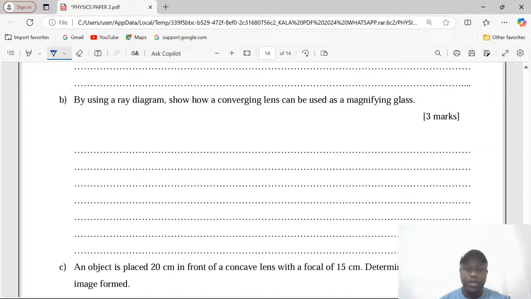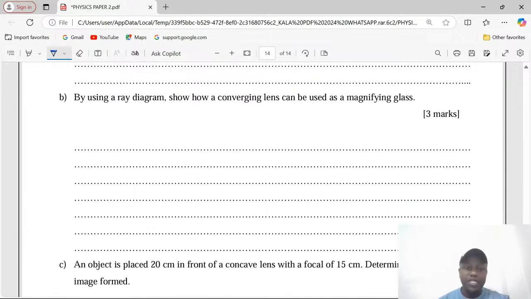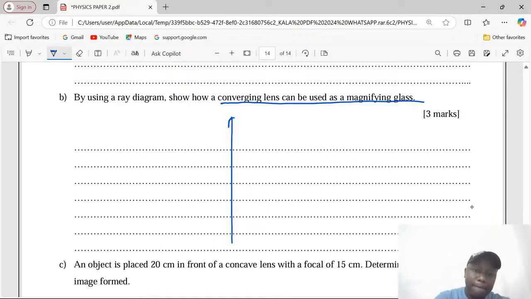By using a ray diagram, show how a converging lens can be used as a magnifying glass, whereby it can cause a magnified image which is upright. We can have the lens here, which is converging, or rather the convex lens.